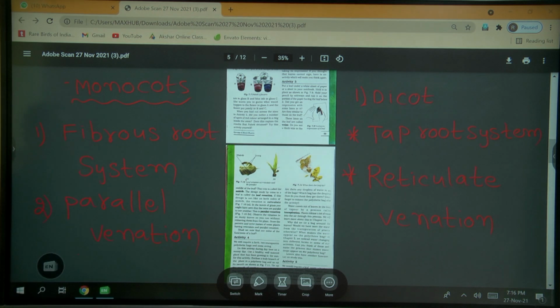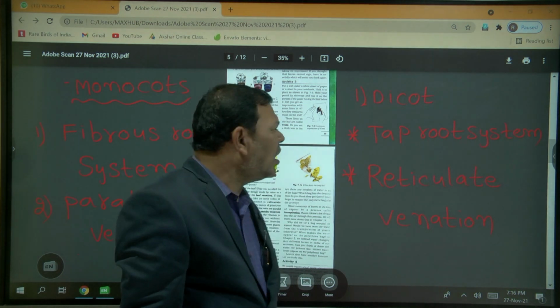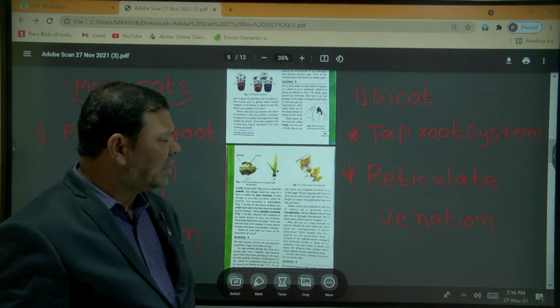So monocots show the fibrous root system and parallel venation, and dicotyledons show the taproot system and reticulate venation.